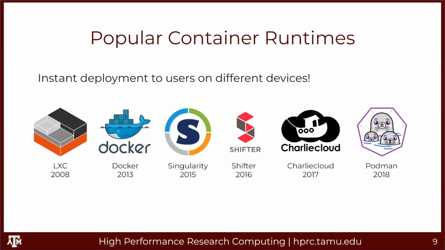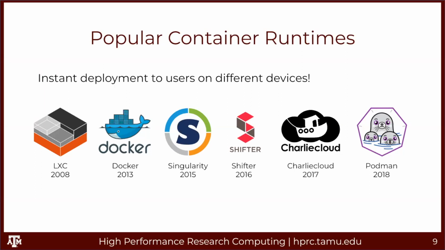In order to make containers available on HPC clusters and other environments, we have a variety of other container runtimes that have been created since then. Singularity was one of the first successful container runtimes to operate on HPC, and we're still using it today. Shifter is a thing that exists, although we don't have it on our cluster.